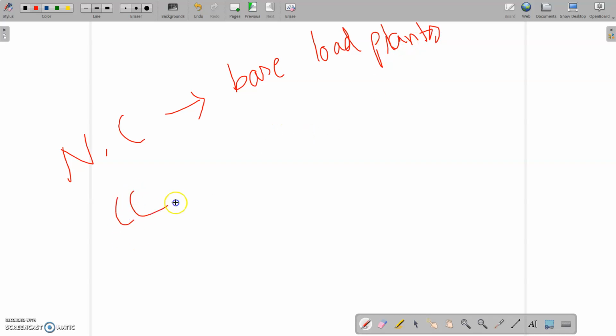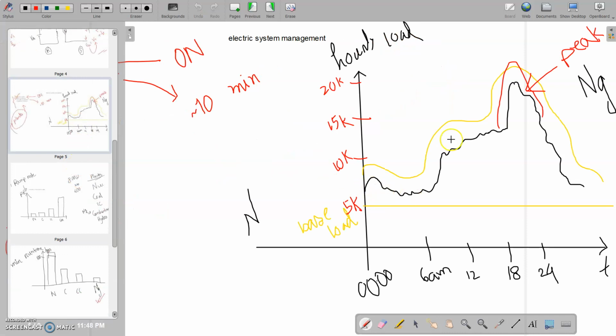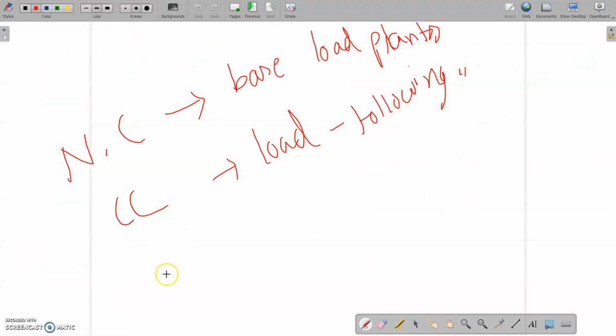The CC, the combined cycle, this is called load following plants. Load following means after the base load there is also some supply that gradually increases or decreases. That is normally supplied by this CC plant, combined cycle.